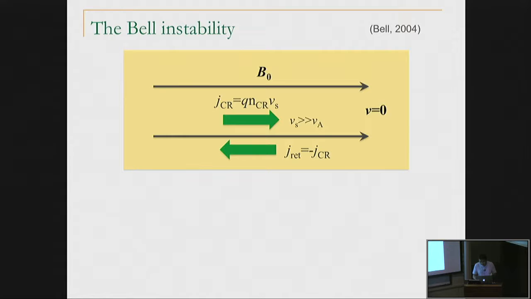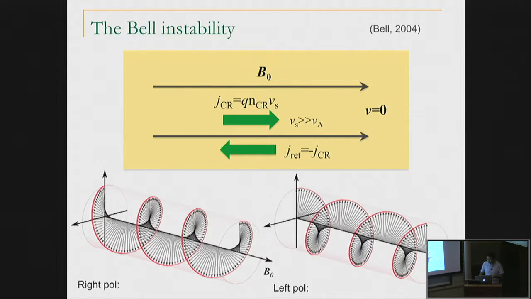And what is this return current? It is this return current that can drive the system unstable. And it can make so-called Alfvén waves unstable, but it's selective. So Alfvén waves can be decomposed into two.